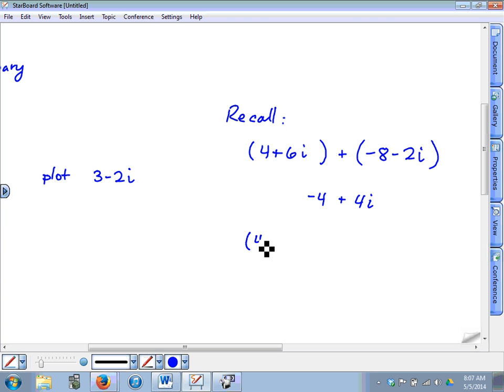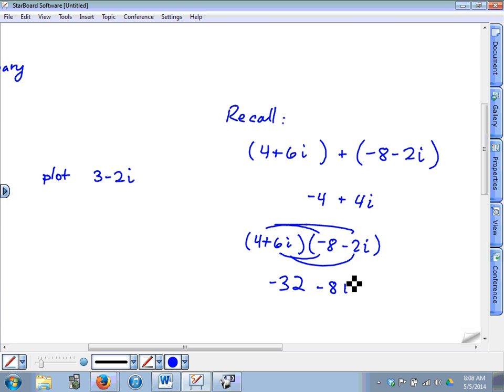What if we did the same thing with multiply? 4 plus 6i times negative 8 minus 2i. What about here? Here we would FOIL. So you go here, here. Oh man. Negative 32 minus 8i minus 48i. Now what?